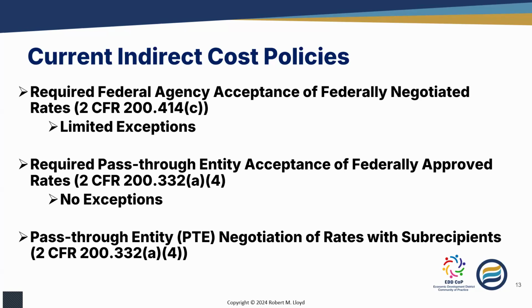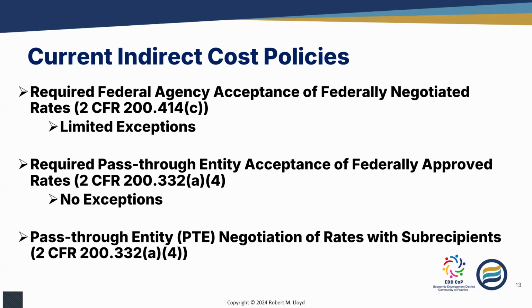Now, one other possibility relates to recovery of indirect costs for organizations that don't have rate agreements. And that's what's called the election of the de minimis indirect cost rate. Now, the term de minimis means negligible or of no consequence.